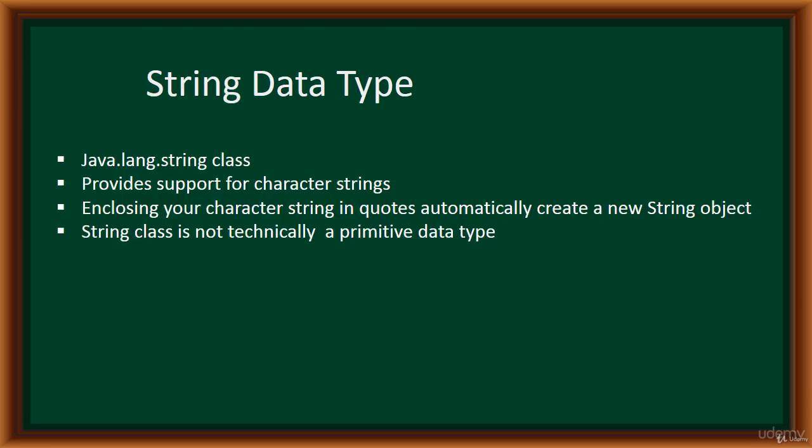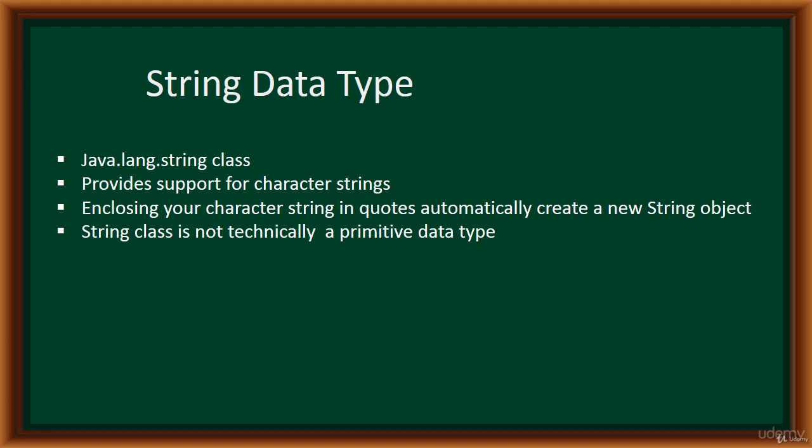We are going to have a quick look at another data type, which is called the string data type. It is not actually a primitive data type, technically. It belongs to the Java language package, and inside that it has a string class. So it is attached to the string class, which belongs to the Java language package.